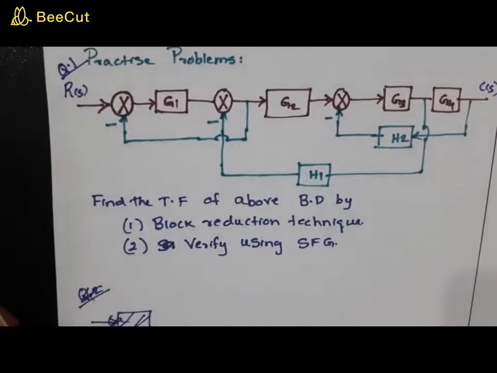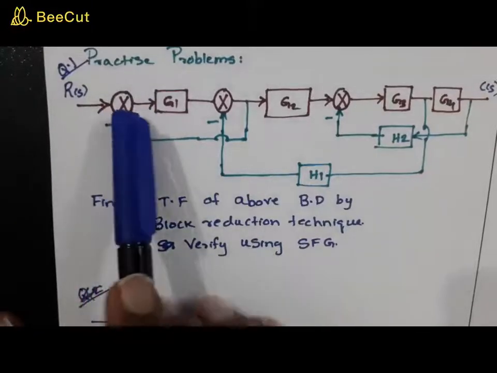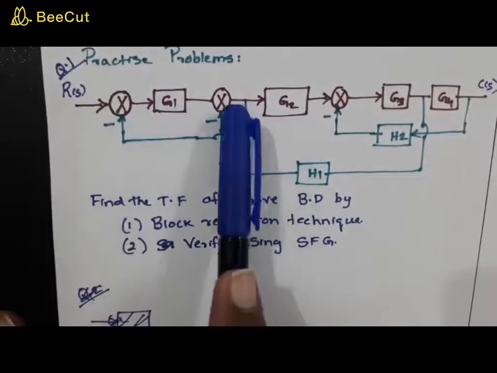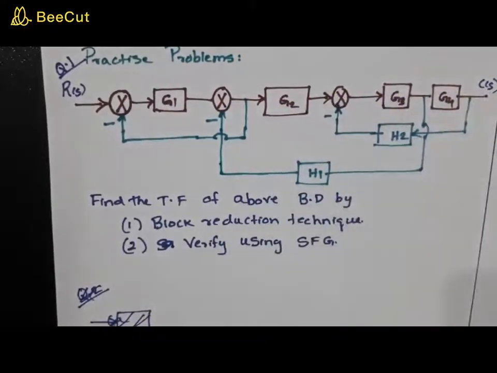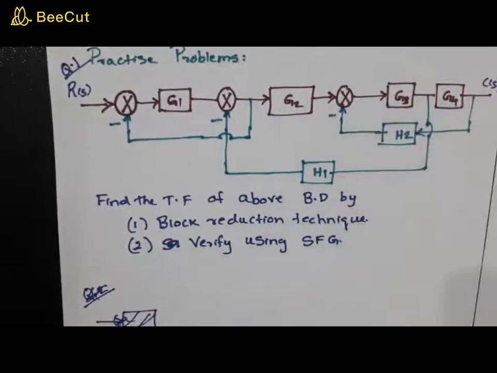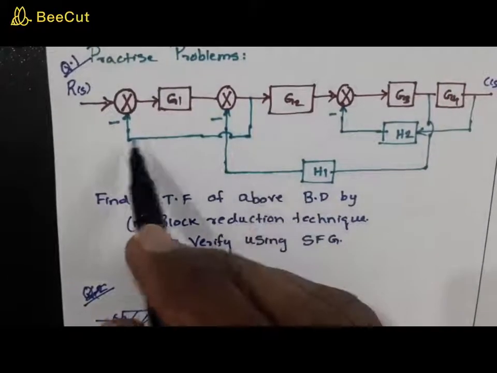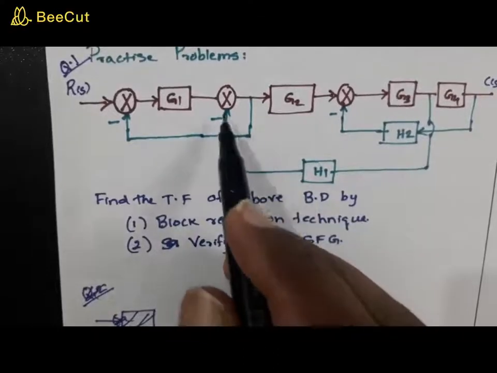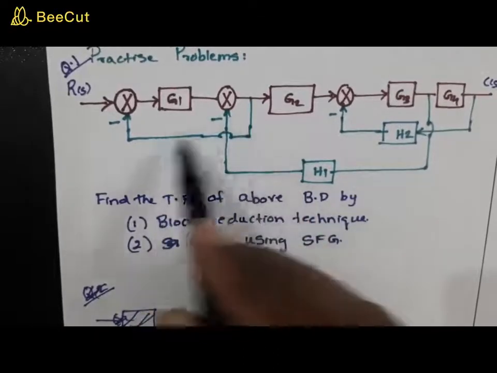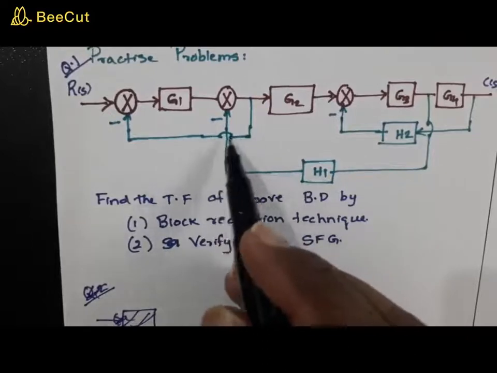Now you have the first problem for you, that is quite simple. So you have an R of S and a summer, then you have a G1, again another summer, G2, another summer, G3 and G4. Then you have 3 feedback paths. One is a unity feedback, and be careful that you don't have any connection between this one and this one. Okay, these 2 feedbacks are 2 different things, no connection between.